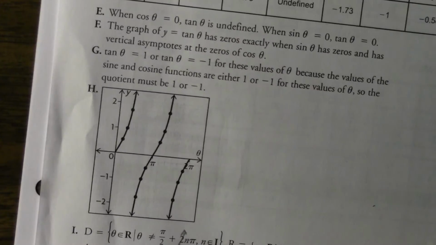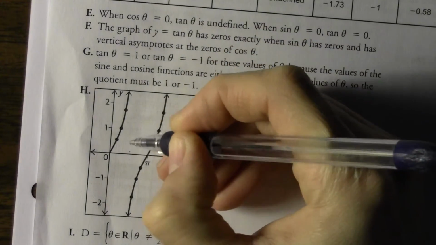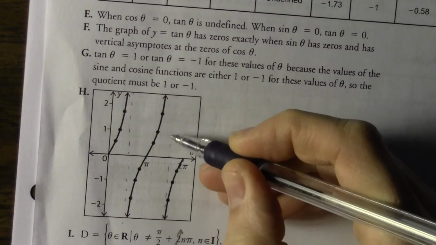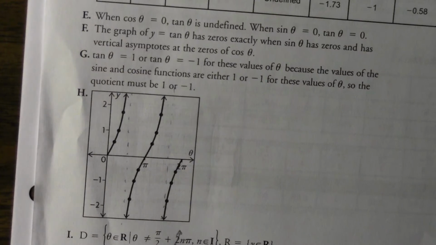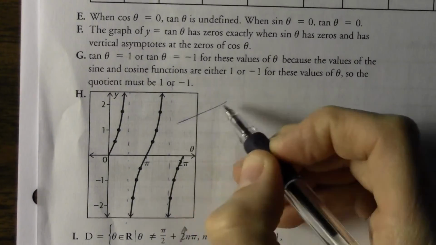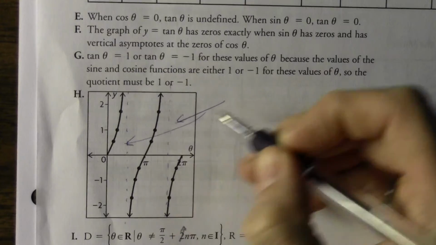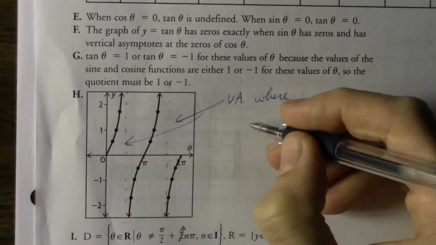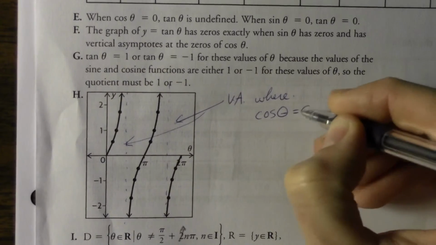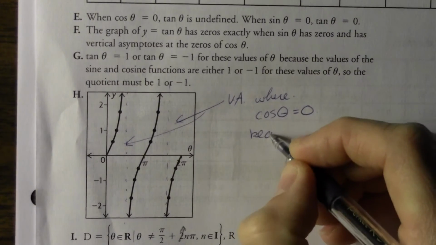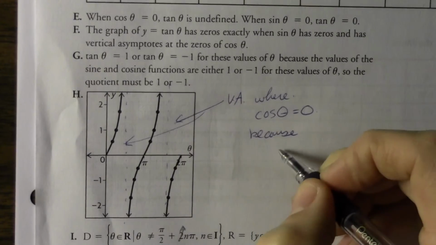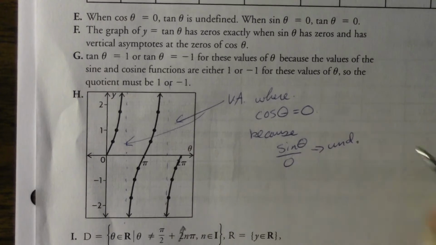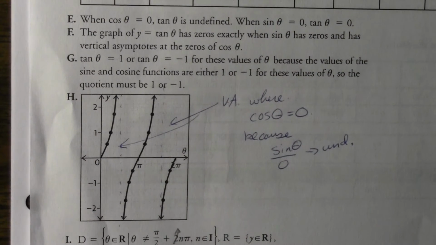And what you'll notice is there's a vertical asymptote right here at theta over 2 and 3 theta over 2.